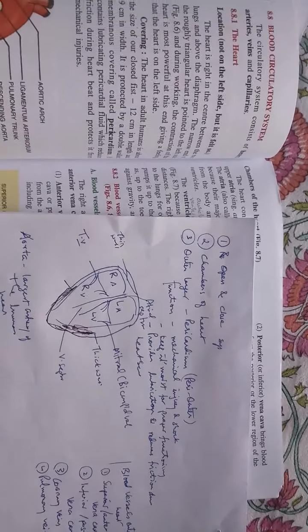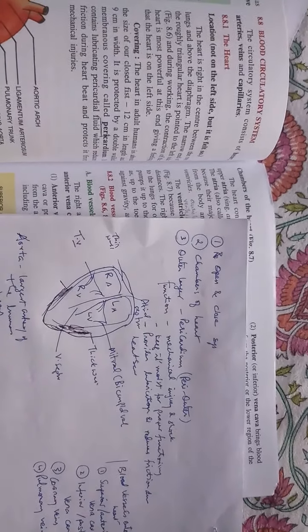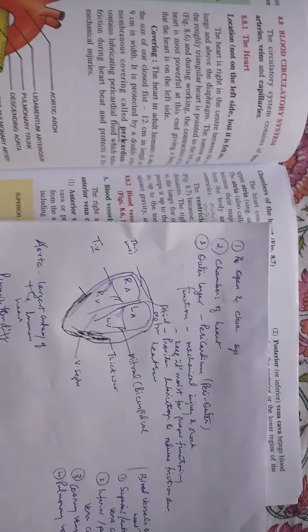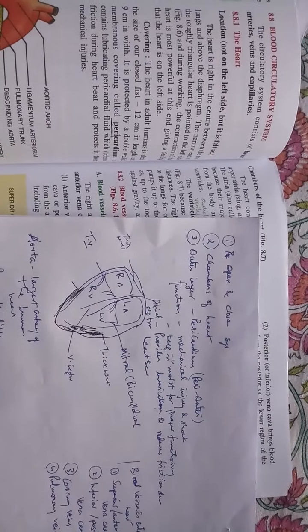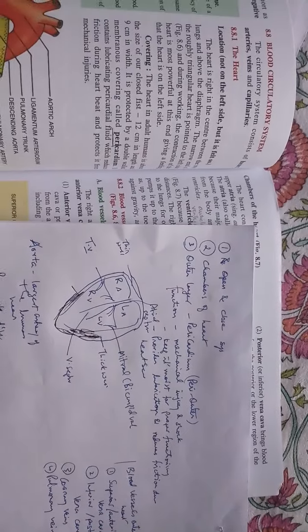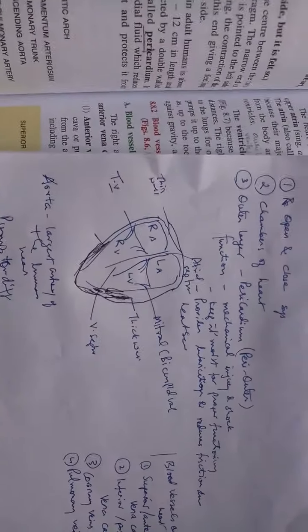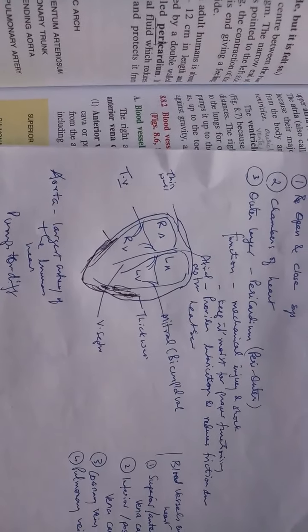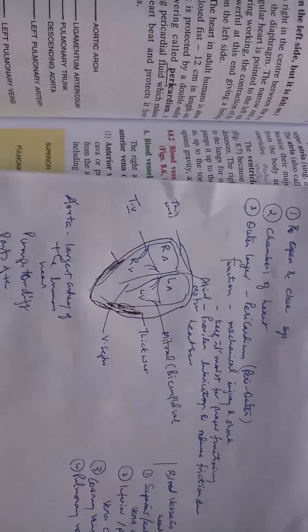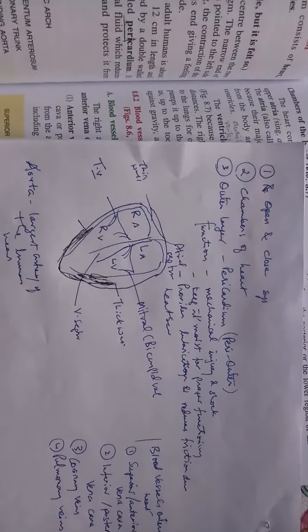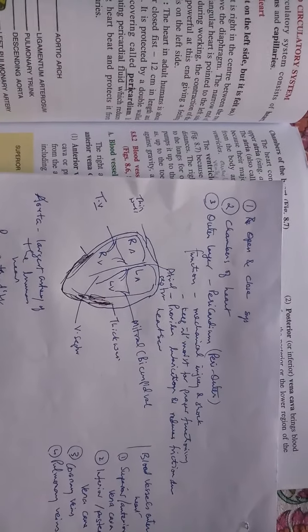Generally you play, you jump here and there, sometimes you fall down, right? So in such difficult times, your heart remains in good condition, right? Then the pericardial fluid functions to lubricate the heart.